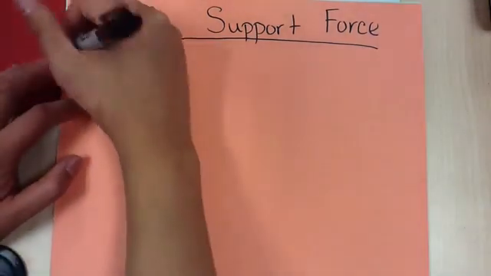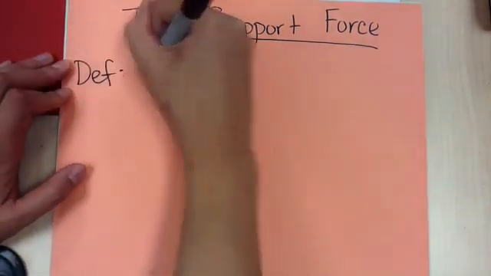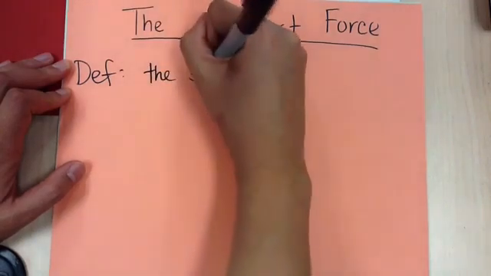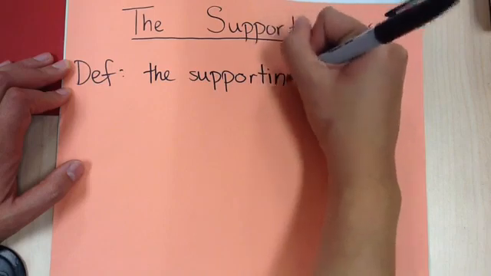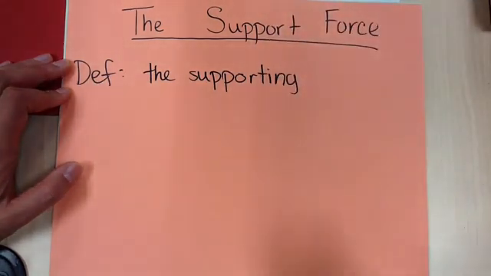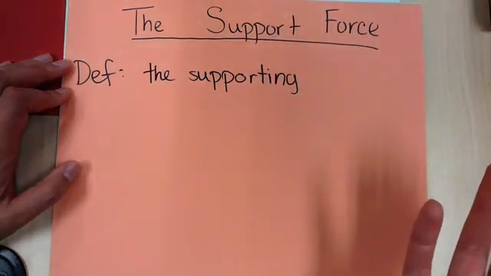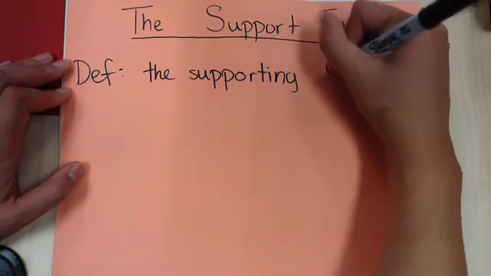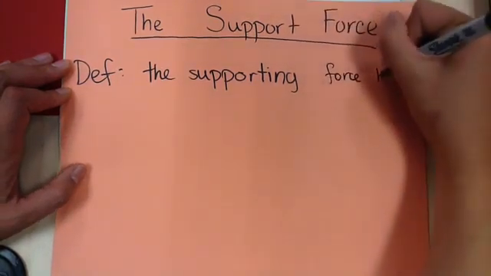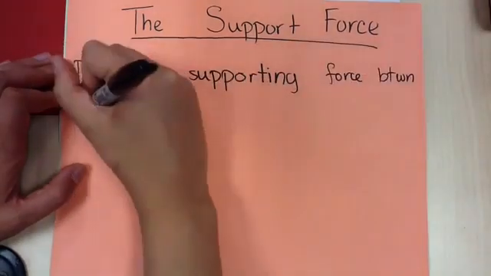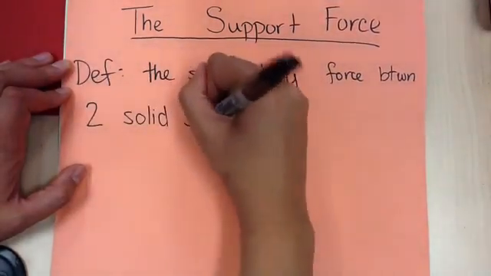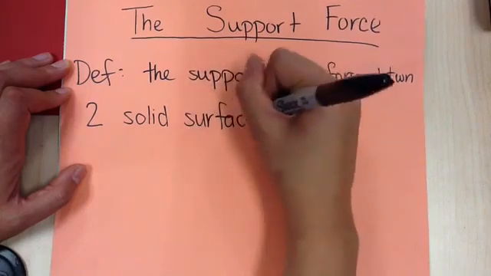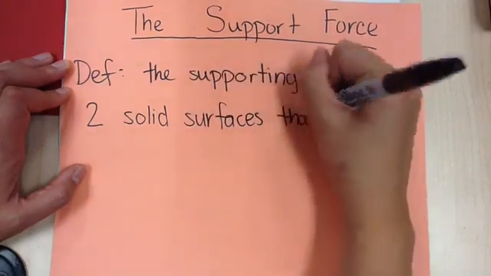The support force is the supporting force that acts between two solids. Now it has to be solids because solids have different properties than fluids. It's the supporting force between two solid surfaces that push one another.